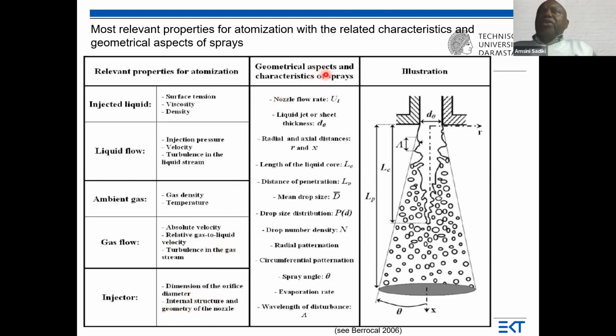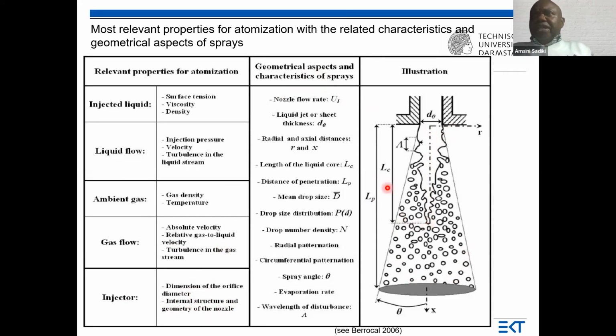So the geometrical aspects and characteristics of spray, let's see first this illustration. And perhaps the participant who asked about the penetration length will get the first clear reply here.